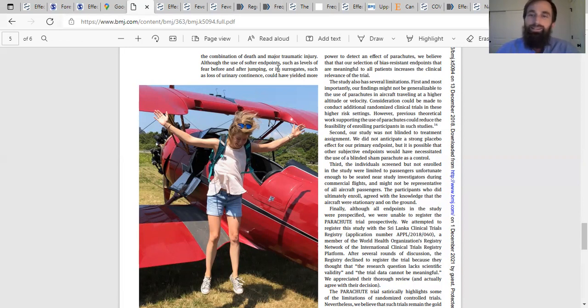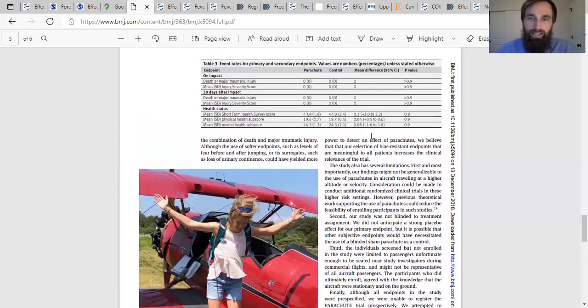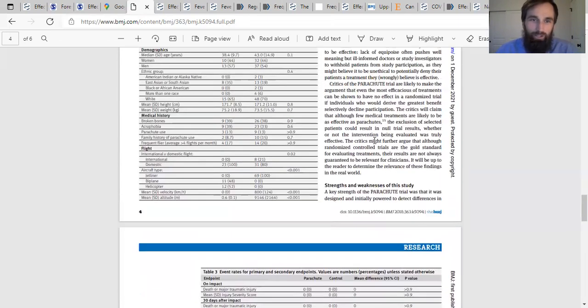That needs to be studied. There's no randomized controlled trials on that. There's no proof that that works. Well, in the case of an airplane, when your airplane's going down and you need to use a parachute, it's your only option. You need to get off the plane.